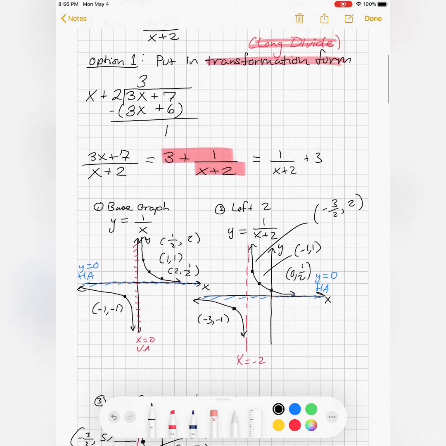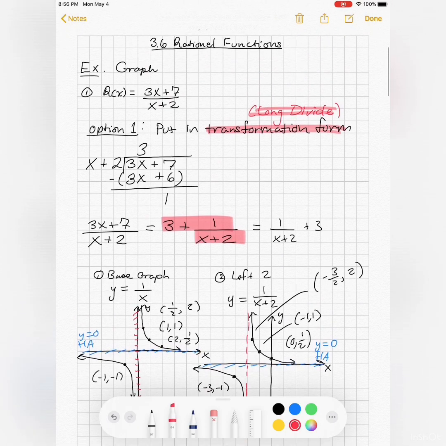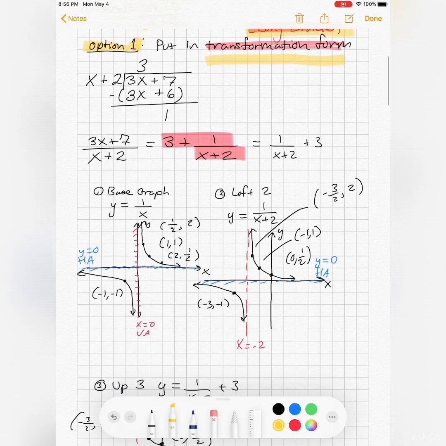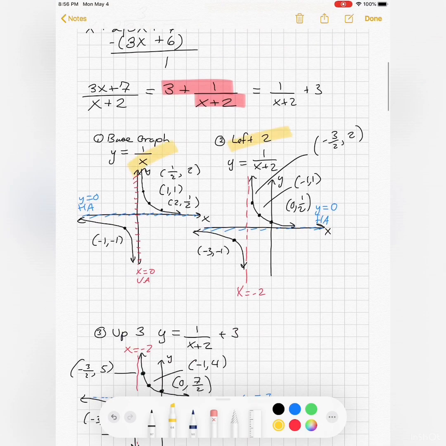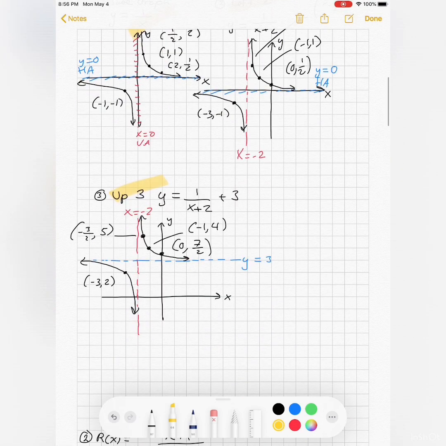So that's option 1 for how I go about graphing this function. What did I do? I had to put it in transformation form by long dividing. Then I had to go through these 1, 2, 3 steps where I carefully move all the points around.